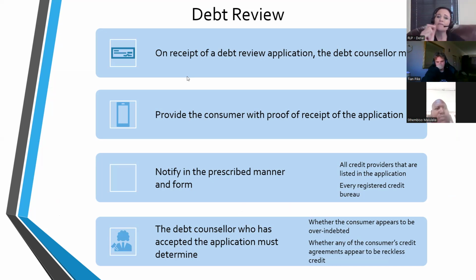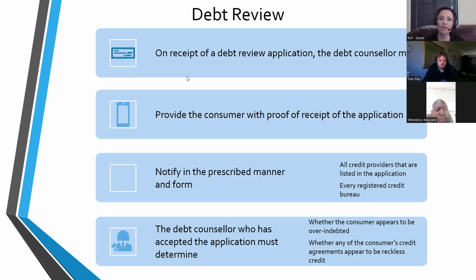But also they have to notify the credit bureau. Why? Because they want to make sure that if this consumer applies for credit anywhere, they are declined, because they first have to settle their current debts before they can get access to new credit.